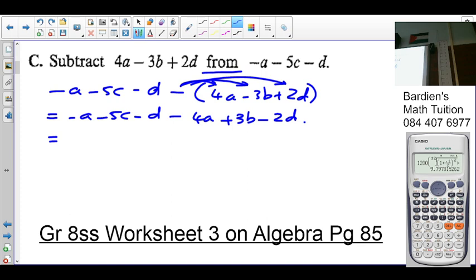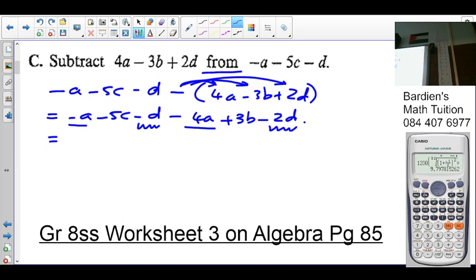So what do I do now? Like terms. So -a minus 4a. Minus 5c is on its own, not so? So 5c on its own, d and 2d, and b is on its own, not so?